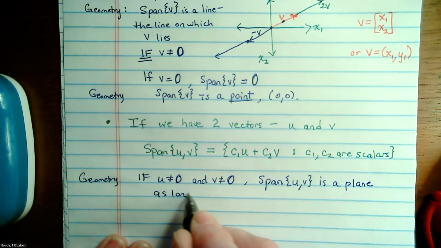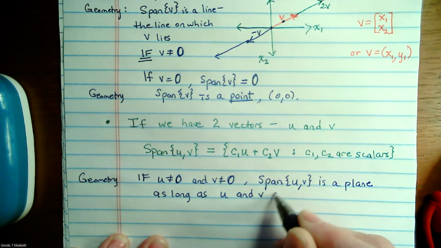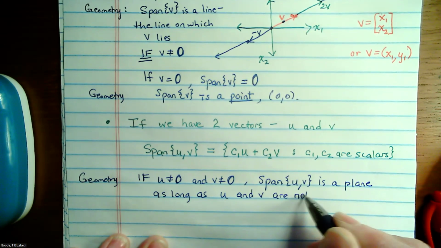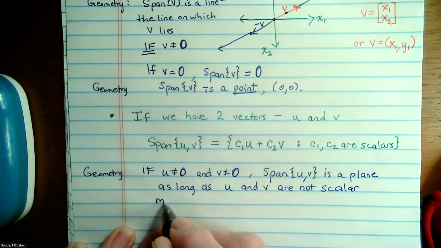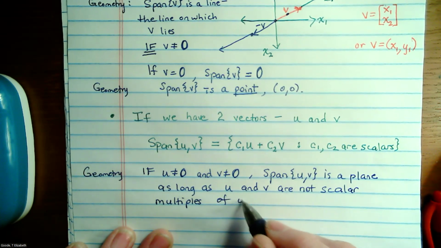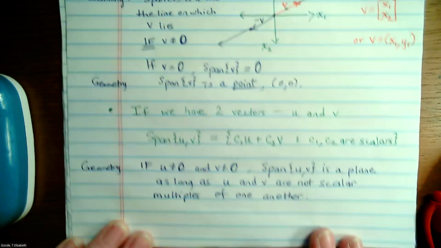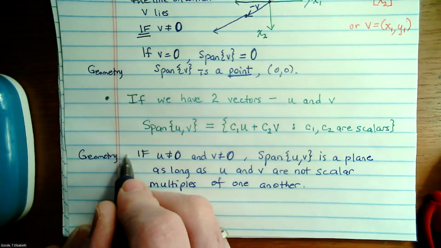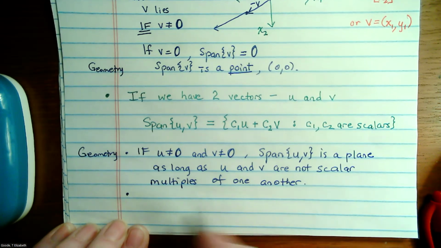As long as U and V are not scalar multiples of one another. Because if they're scalar multiples of one another, they live already on just the same line. And if they're living on the same line, then all you can build with that set is just that line.